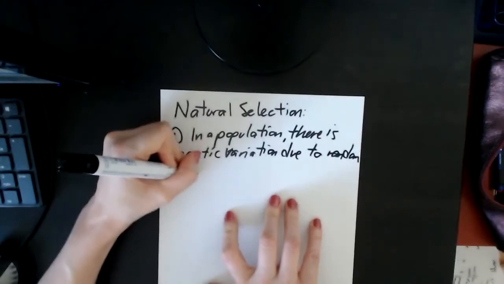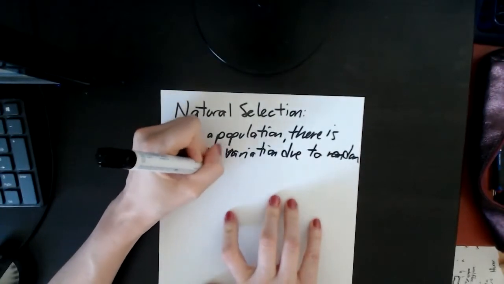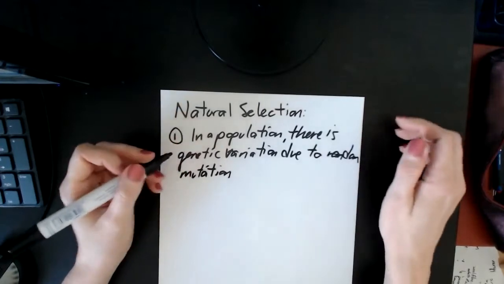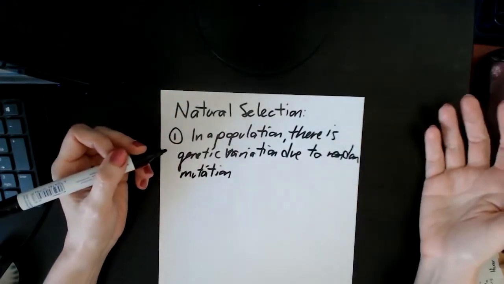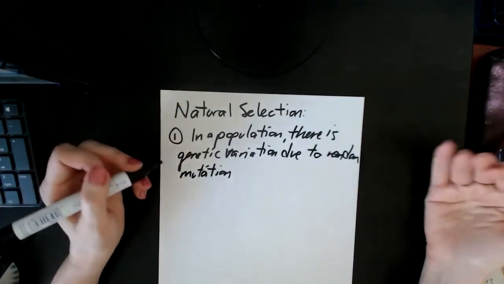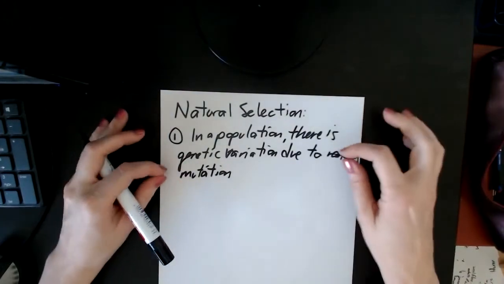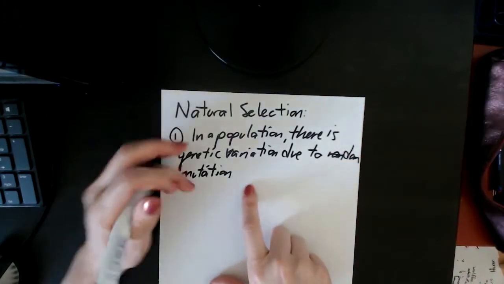Remember, I said in another video that most mutations are detrimental, but some of them have no benefit until a selection pressure is applied. So that's the idea. You always have genetic variation due to random mutations.